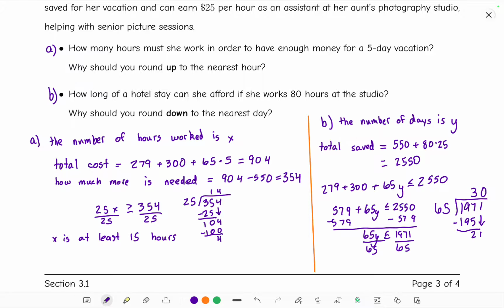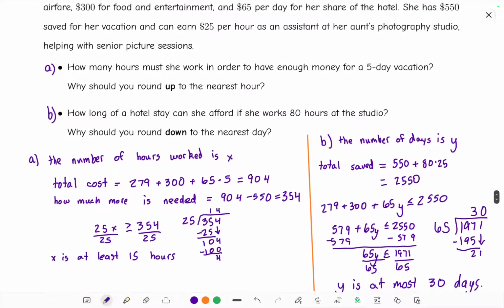And this would be a decimal, so 30.4, let's say. So since y has to be less than or equal to 30.4, that means y is at most 30 days. And that's how you do example 6.